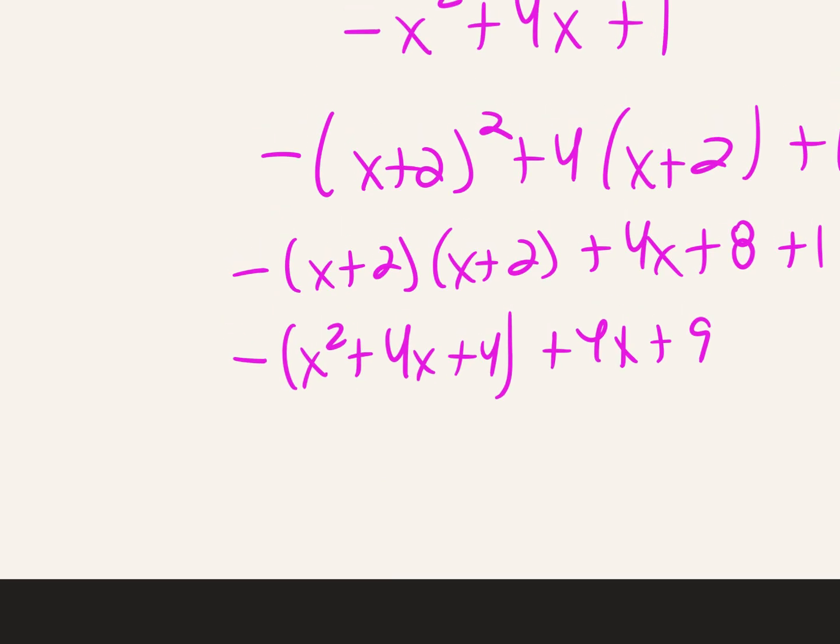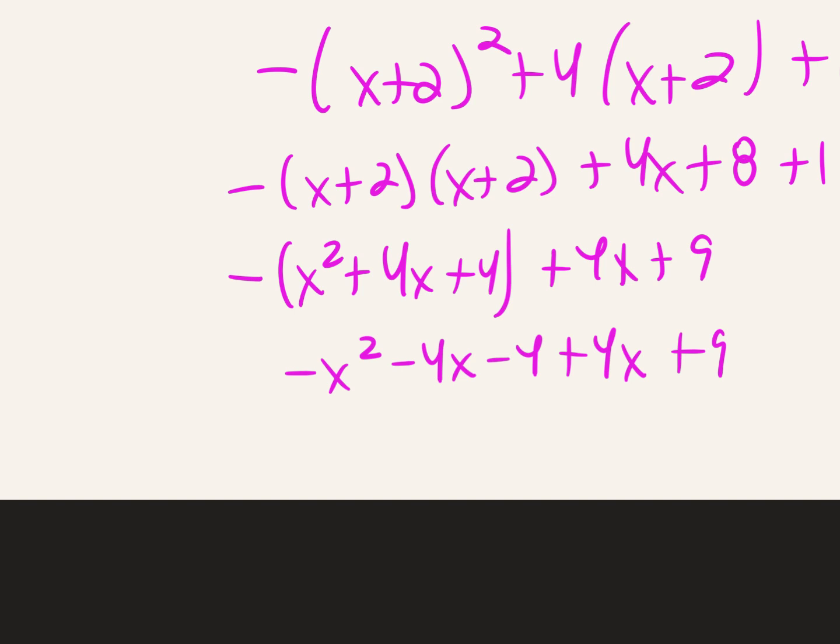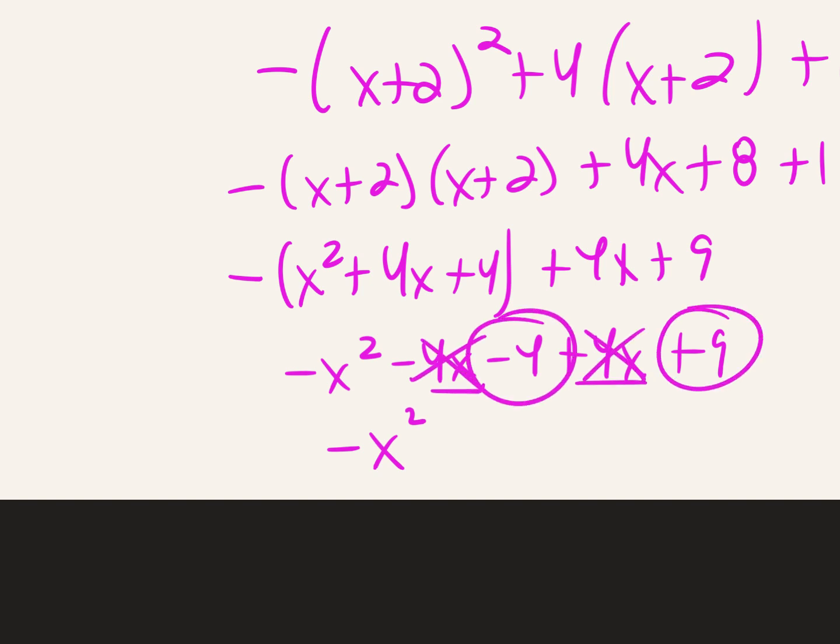And then what do I do with that negative? So negative x squared minus 4x minus 4 plus 4x plus 9. And then what do I do with all that? Combine like terms. So negative 4x and a positive 4x cancels. Negative 4 and a positive 9 is plus 5. So f of x plus 2 equals negative x squared plus 5.